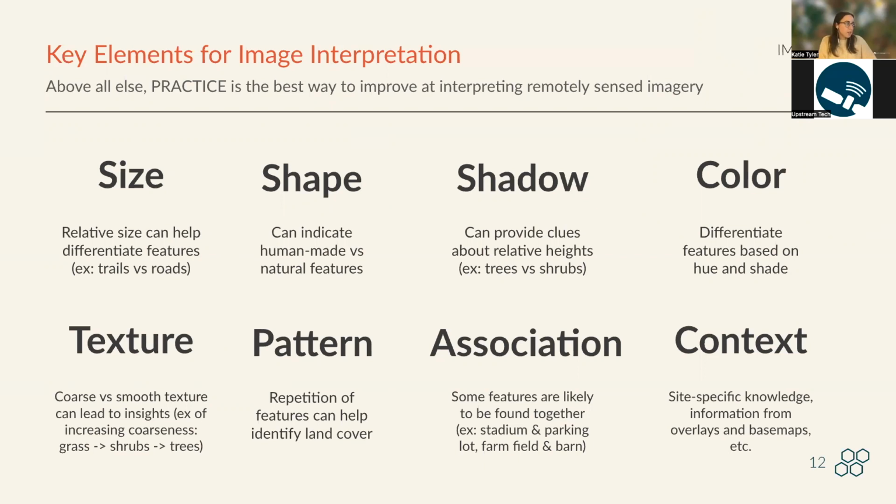But I think these 8 elements can be really useful for keeping in mind as you're looking at satellite imagery. Some of them are pretty intuitive, some a little bit less so. And of course, these all work together. So you're not usually isolating them one by one, but they can be a useful kind of checklist to go through in your mind.